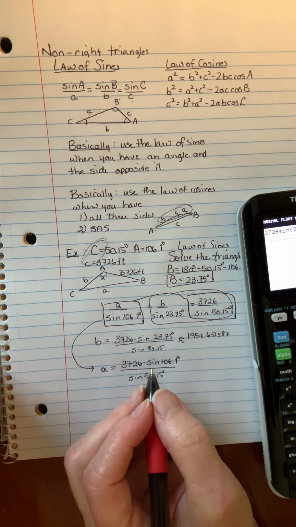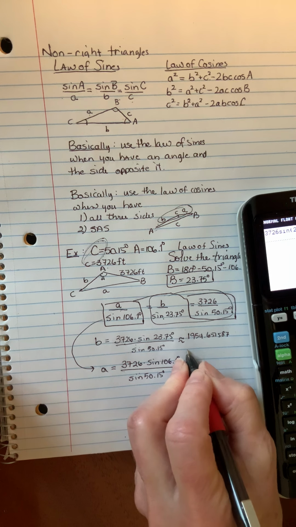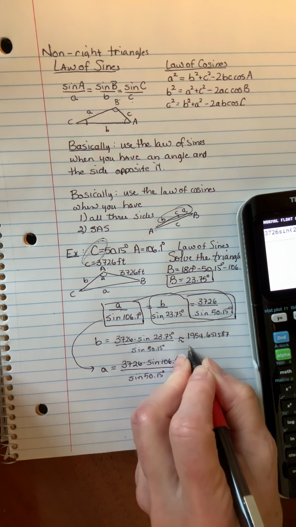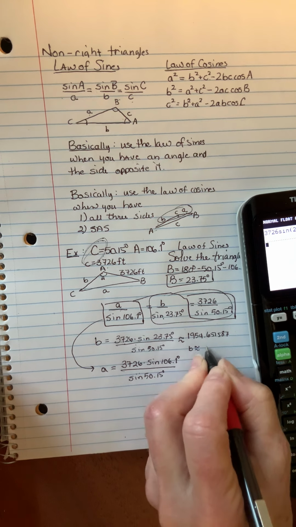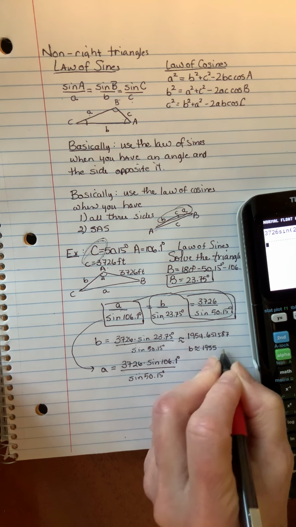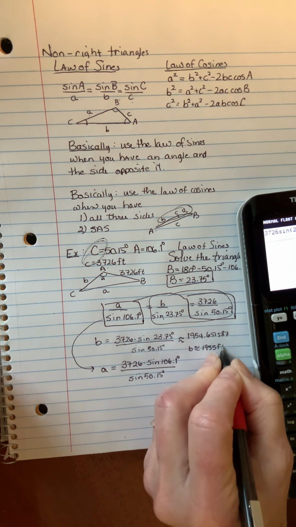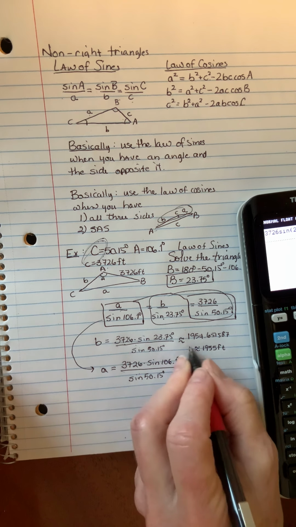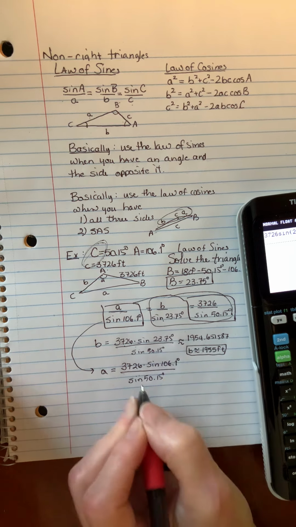The calculator just can't give me more decimals. So I'm going to say B is approximately 1955, rounded up, and this is measured in feet. So there's the one I'm going to use for that.